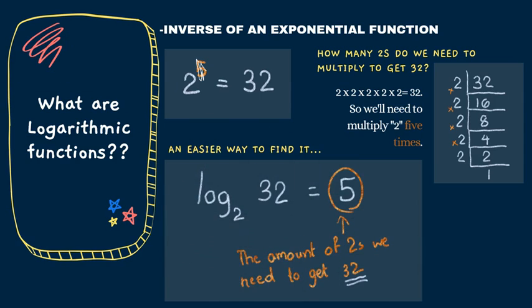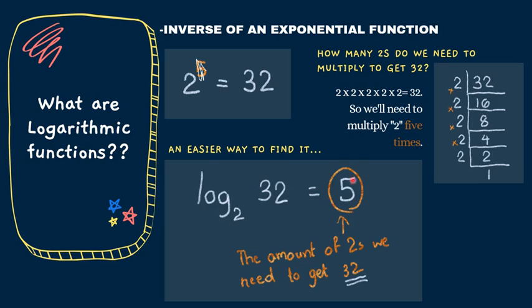Here, log base 2 of 32 is equal to 5. And this base 2 represents the number we're multiplying, and 32 is the number we want to get. So log of 32 base 2, the answer will be 5.